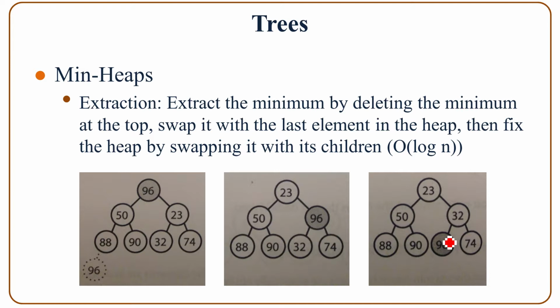Another operation is min extraction. We extract the minimum by deleting the minimum at the top and swapping it with the last element in the heap. Then fix the heap by swapping it with its children. The time complexity of this operation is O(log n).